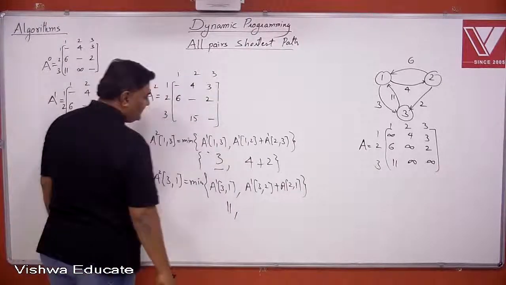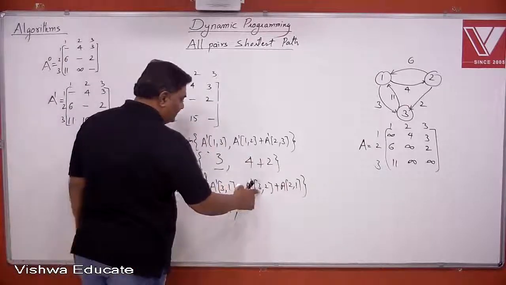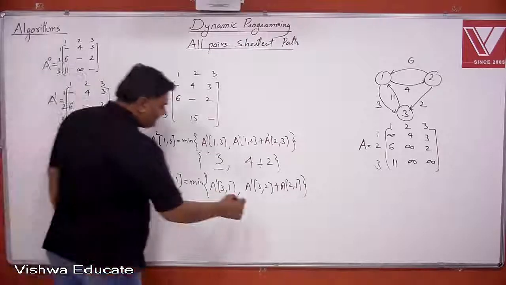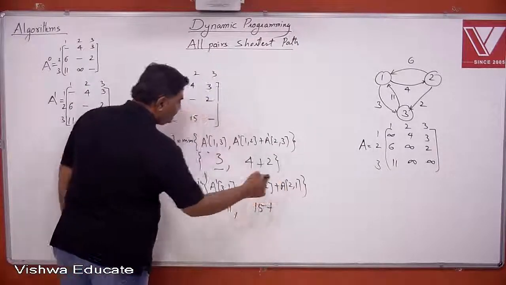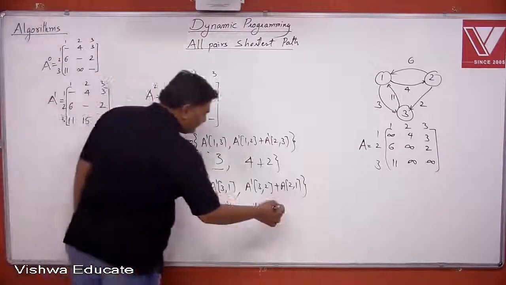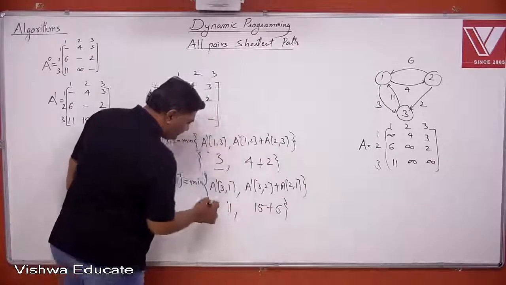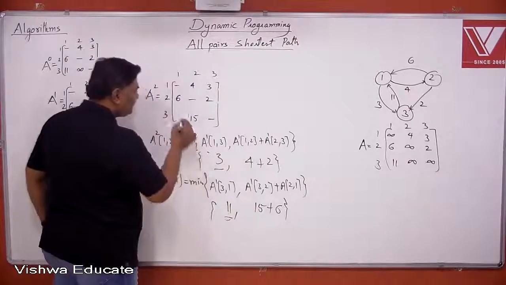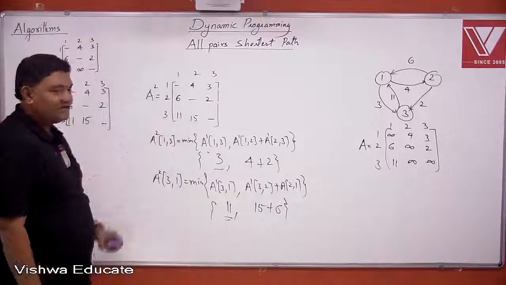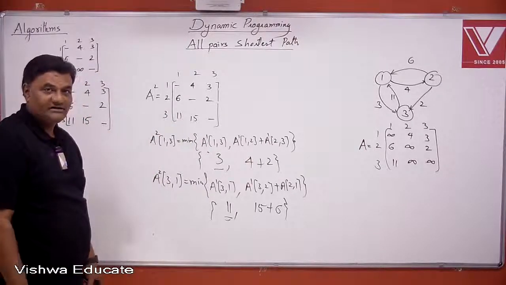Then 3 to 2 is 15 plus 2 to 1 is 6. So this is 21, this is 11. So 11 is smaller. So we got the second matrix.